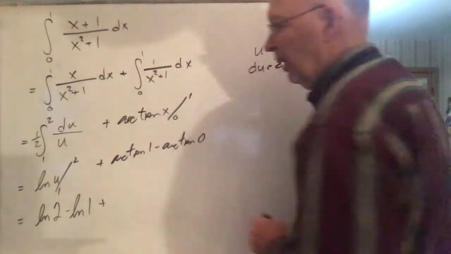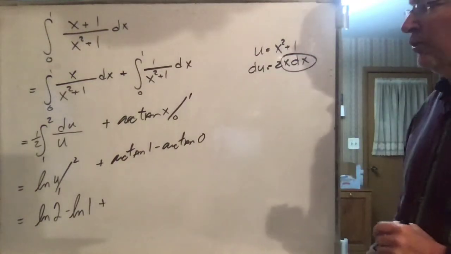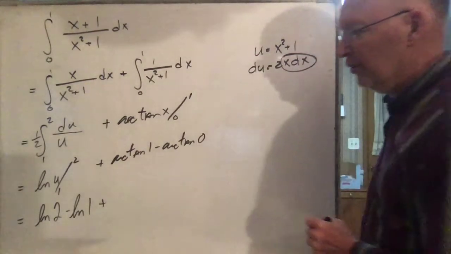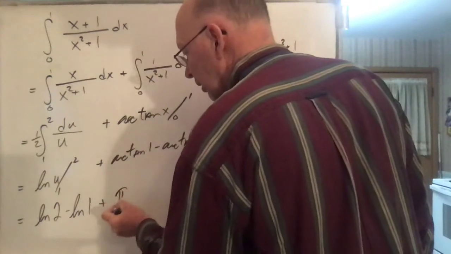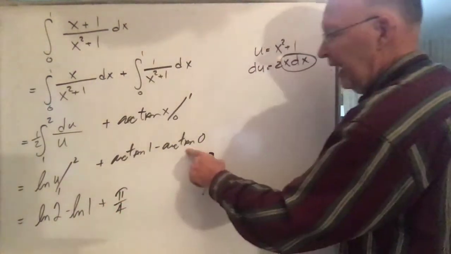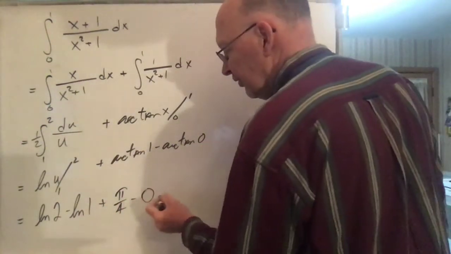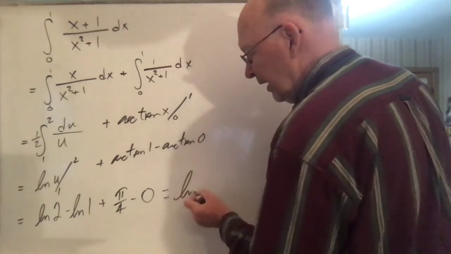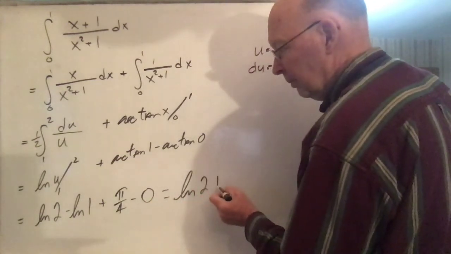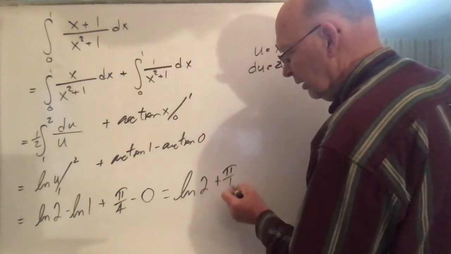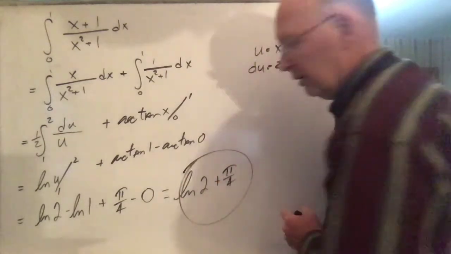The arctan of 1, that's the angle whose tangent is 1. What's the angle whose tangent is 1? That's pi over 4. What's the angle whose tangent is 0? That's 0. So we end up with the ln of 2 plus pi over 4. Okay, there you go.